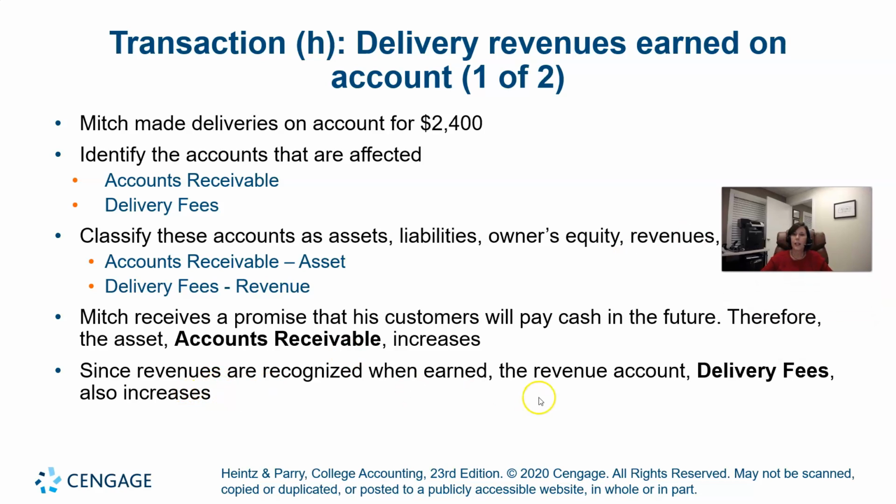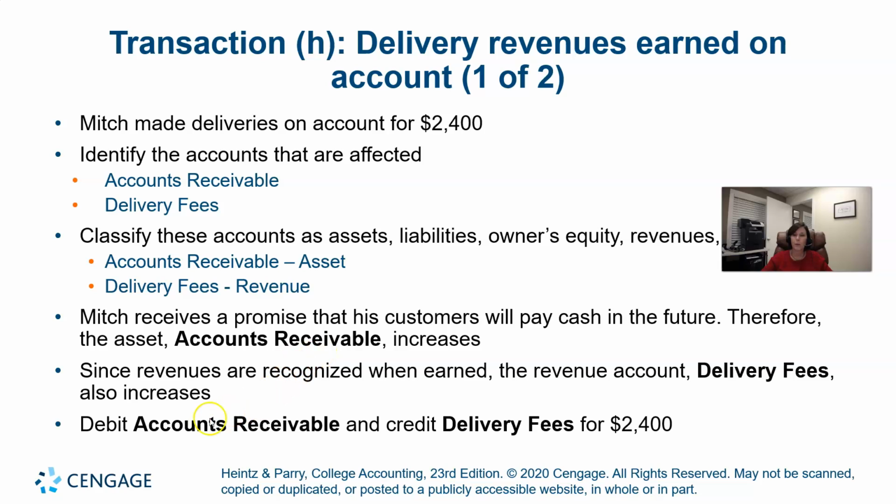We had an increase in delivery fees and an increase in our accounts receivable. Again, accounts receivable is an asset, and we know that when our assets go up, that's a debit. When our delivery fees or revenue go up, credit entries do that.